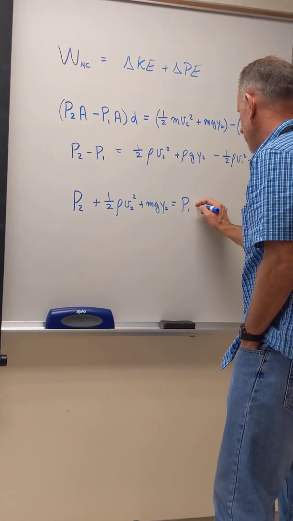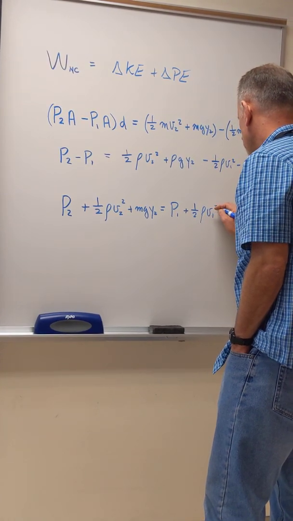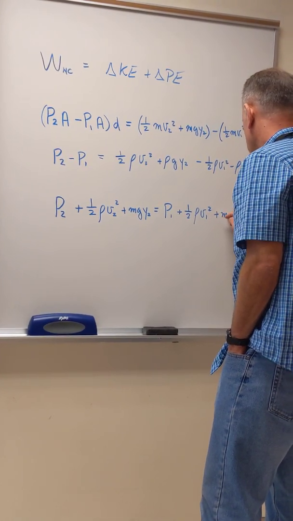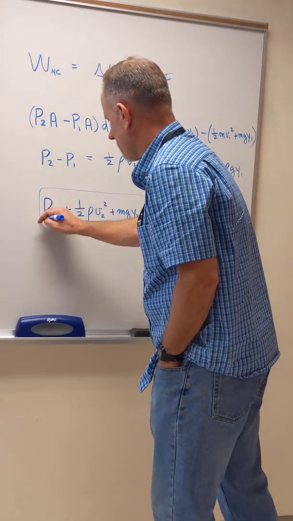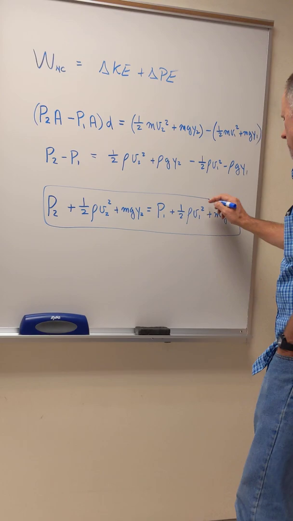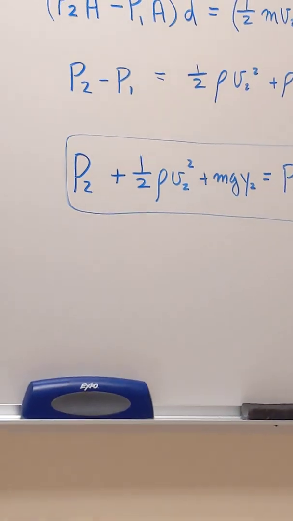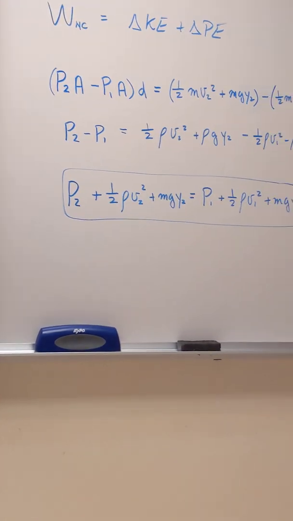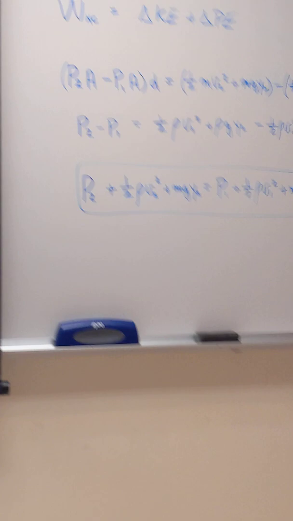You don't have to know the derivation per se. That is definitely correct right there. And I'll explain what it means. So make sure that boxed equation is in your notes and we'll explain what these pieces mean.